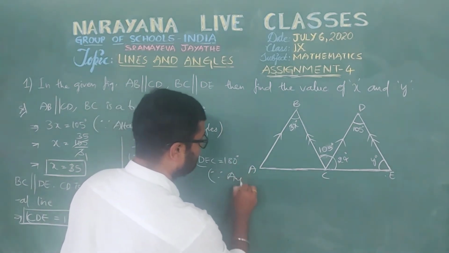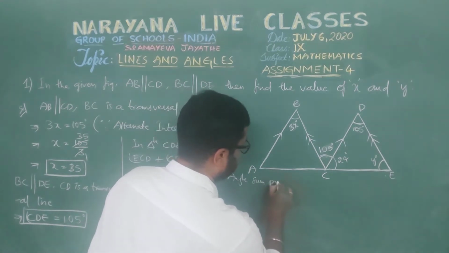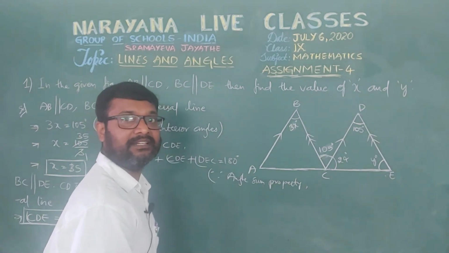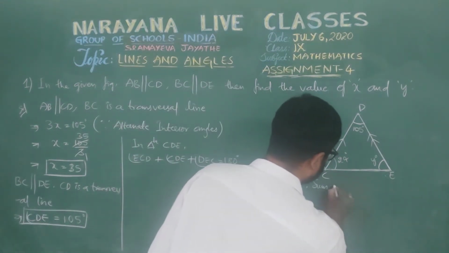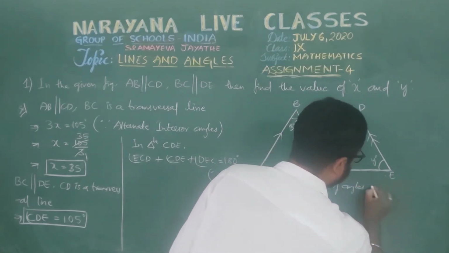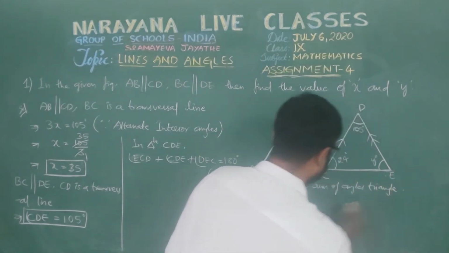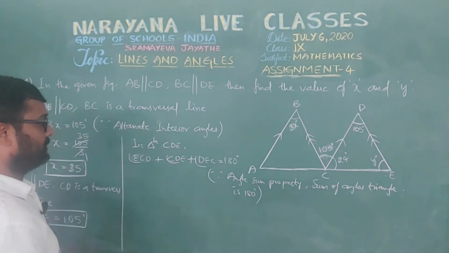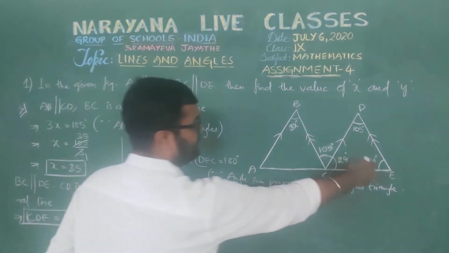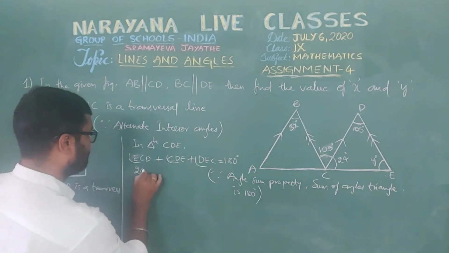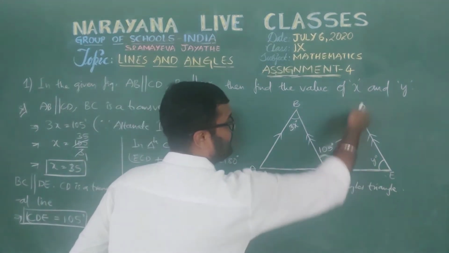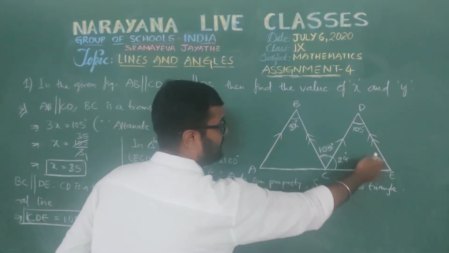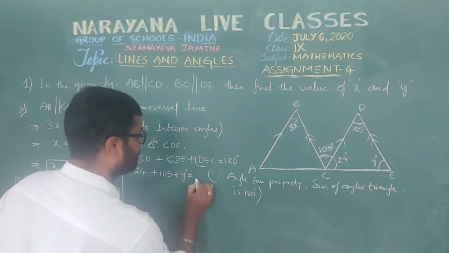Since the angle sum property, which is nothing but the sum of angles in a triangle, is 180 degrees. This is the angle sum property. Now, angle ECD is 24 plus angle CDE is 105 degrees plus angle DEC, that is y degrees, is equal to 180.